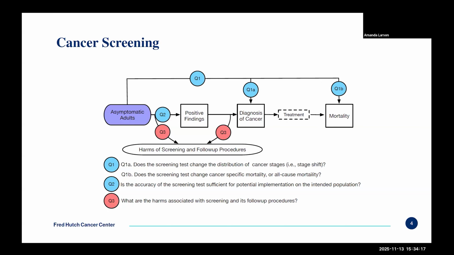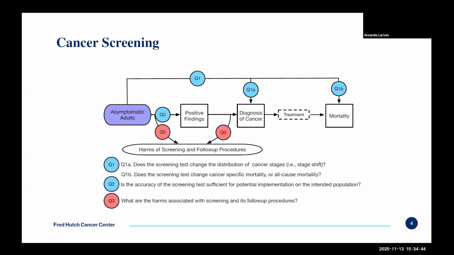And the third is, what are the harms associated with screening tests and their follow-up procedures? Say the screening test itself is fine, but the follow-up actions could be harmful. If you see a positive result, you need to go through all those workup procedures, and that's harmful.